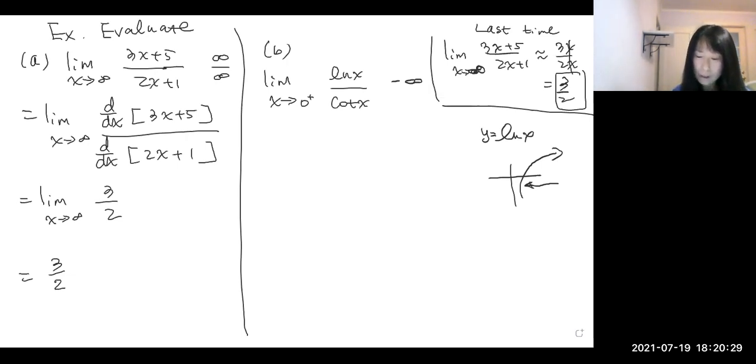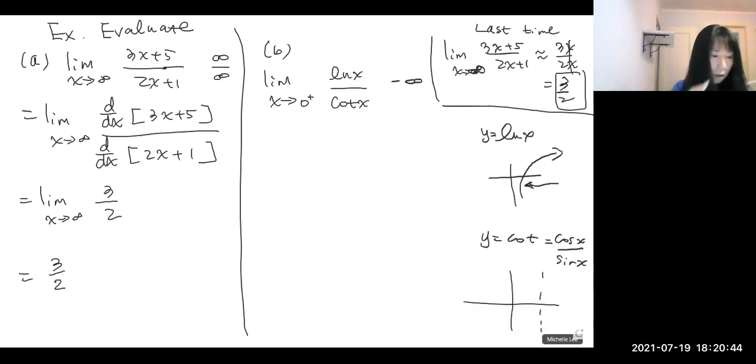Okay, how about cotangent x? Cotangent x is cosine over sine, the opposite way of tangent, right? So from the right side of 0, what do you get? It's positive infinity, very good.